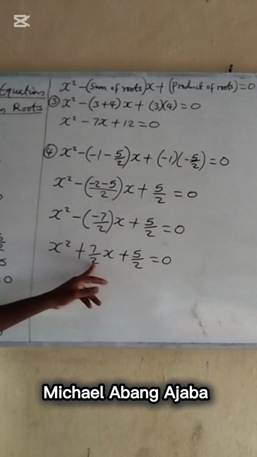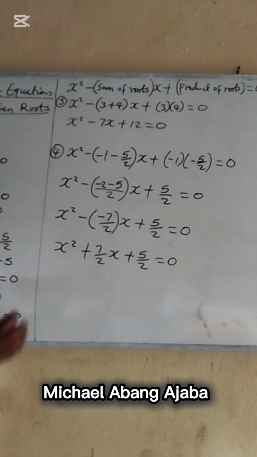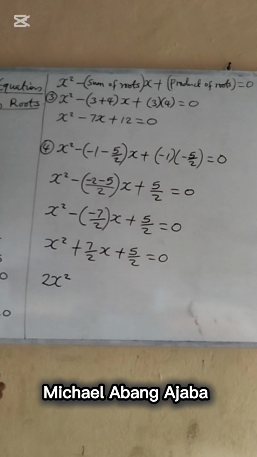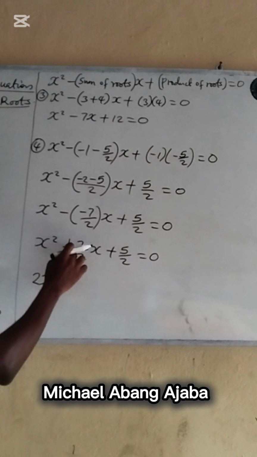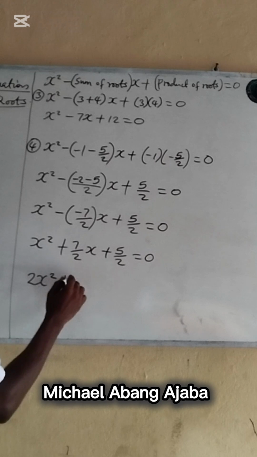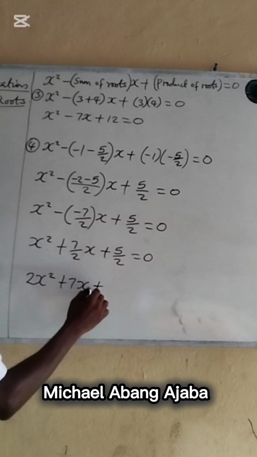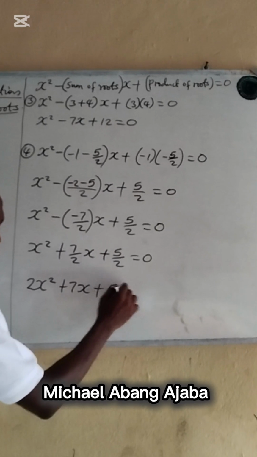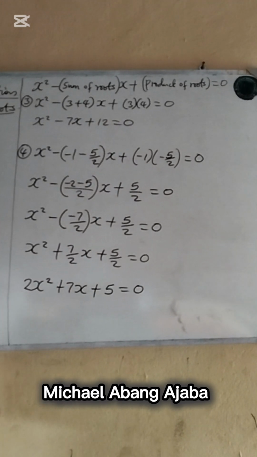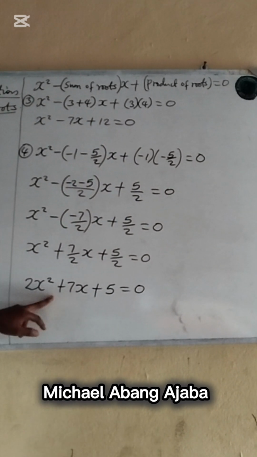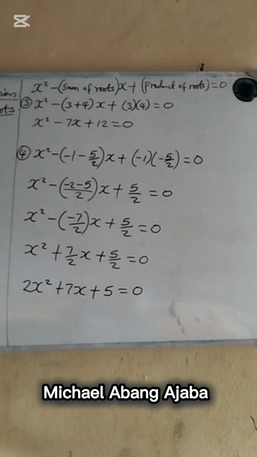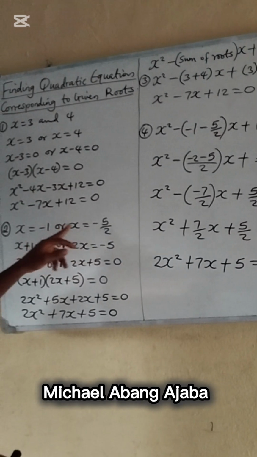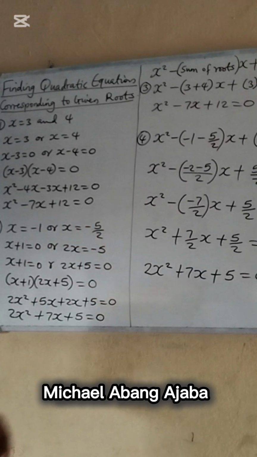Multiply through by 2. That will give us 2x squared. Multiply this by 2, 2 will cancel 2, we have 7x. Multiply this by 2, 2 will cancel 2, we have 5 equal to 0. And this is a quadratic equation that has the roots minus 1 and minus 5 over 2.